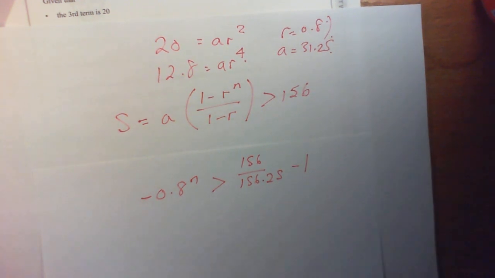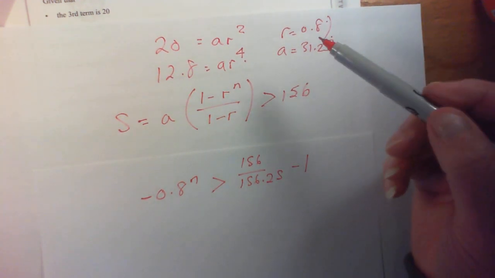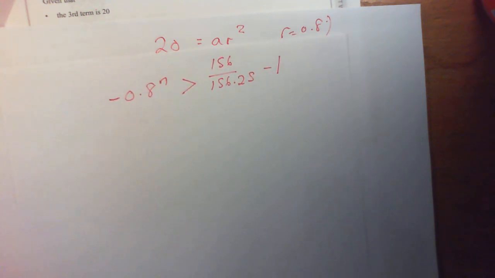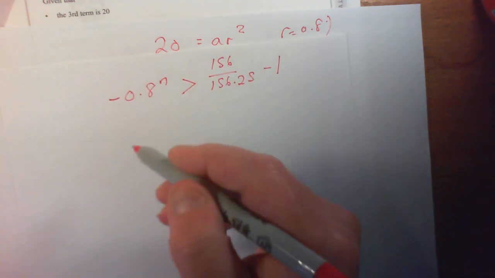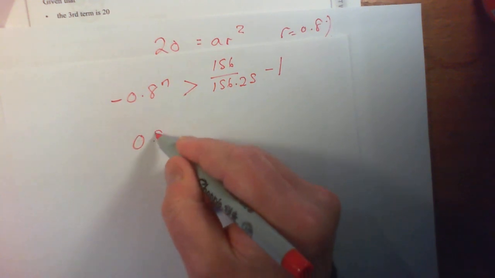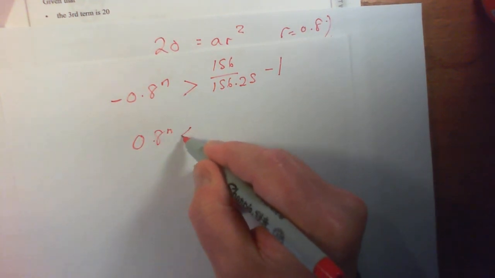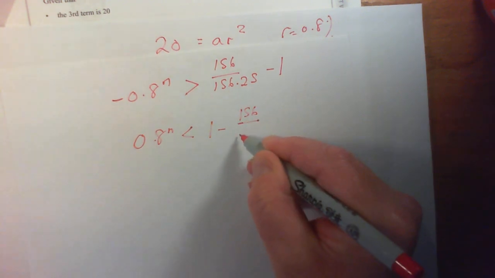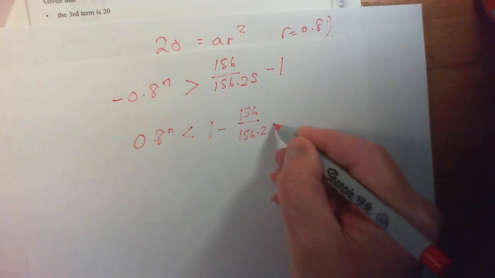Right, so I get something down something like that, using these values into here. Now, what I do there is 0.8^n is less than 1 minus 156.25.